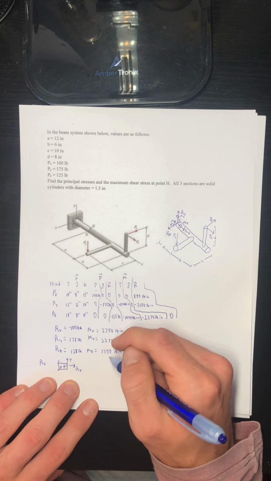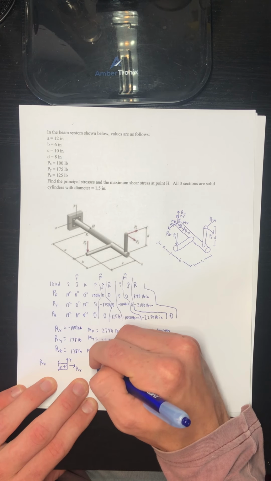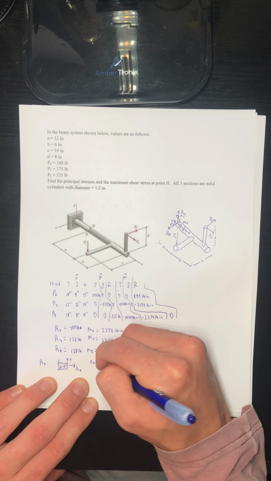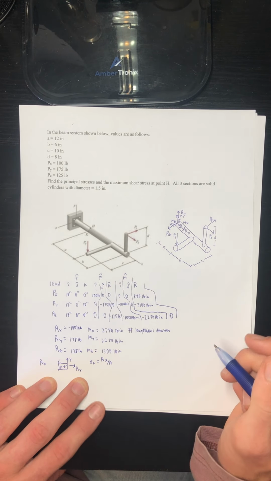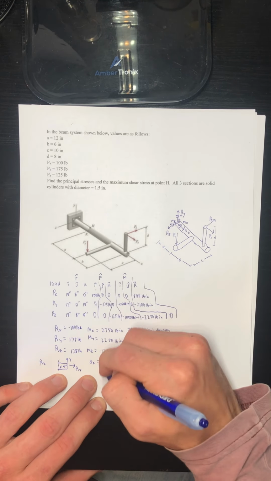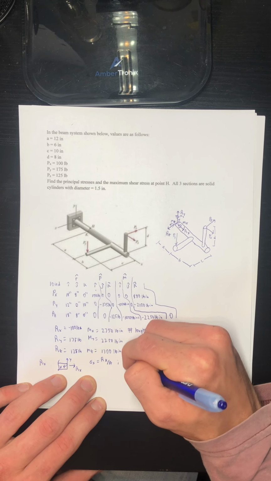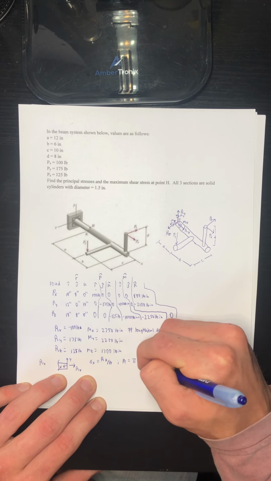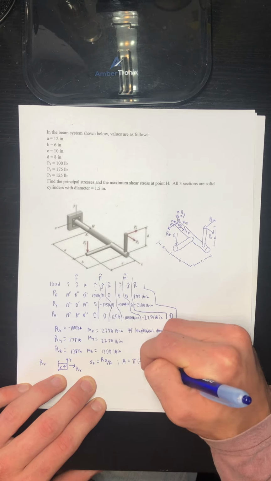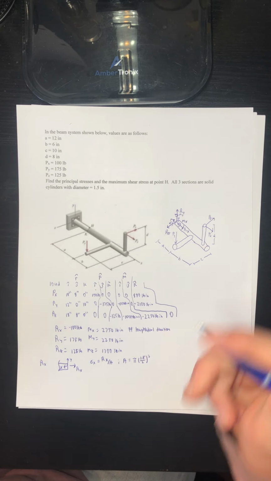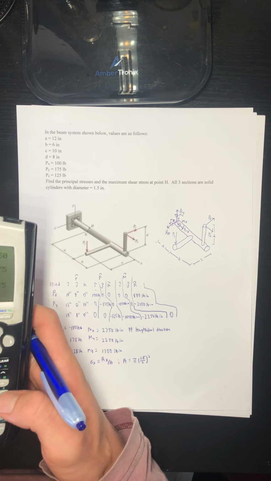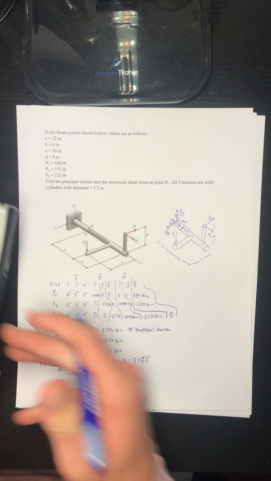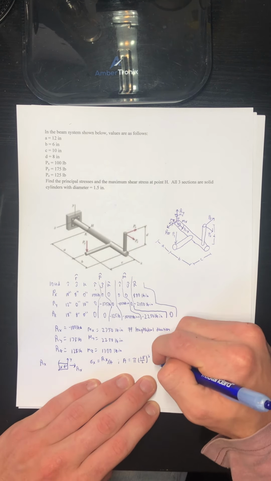tension, as we said. So to calculate the stress that results from this, we just have sigma X is equal to Rx over A. It's axial stress. Our area is going to be equal to pi times 1.5 inches over 2 squared. 1.5 divided by 2 squared times pi is 1.77 inches squared.